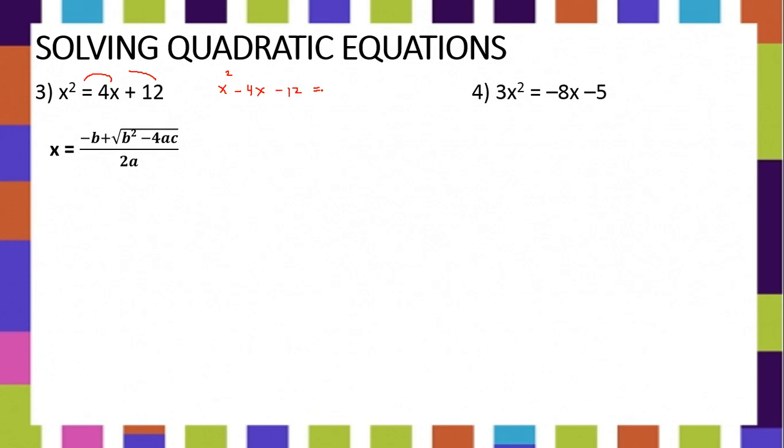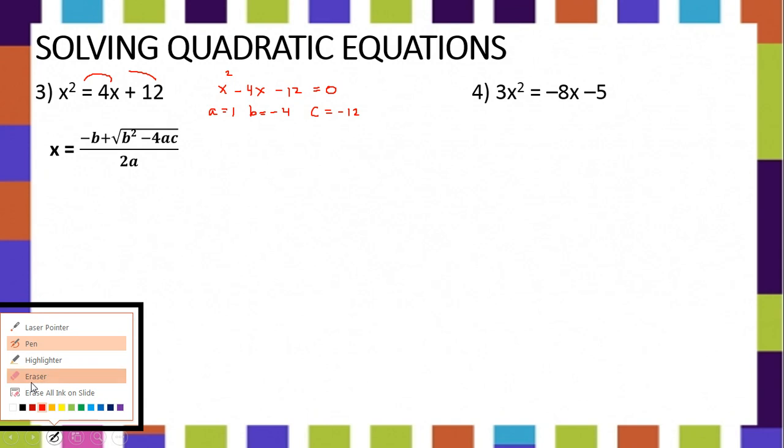Anong naiwan sa kabila? 0. Okay, ayan. So, ang value ng a natin is 1. Ang value ng b is negative 4. Ang value ng c is negative 12. Ayan, ready na tayo to substitute the equation.